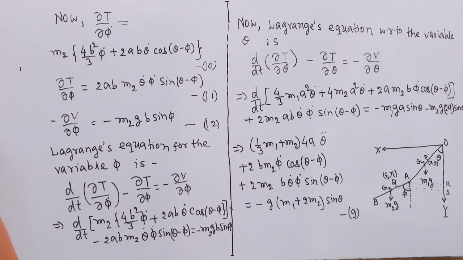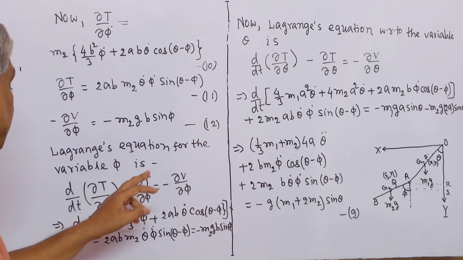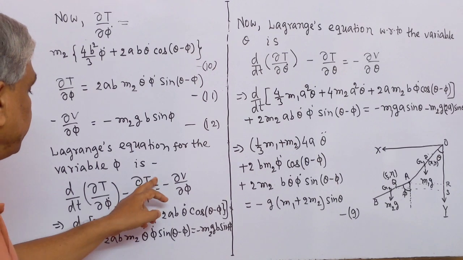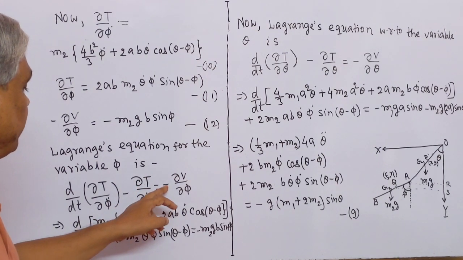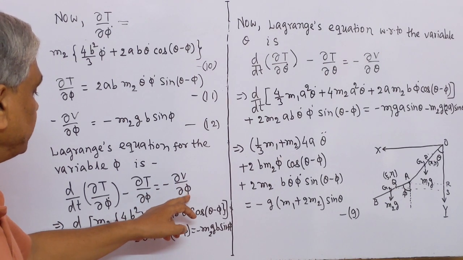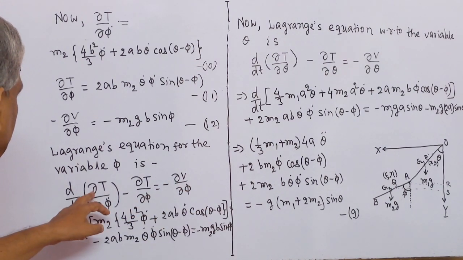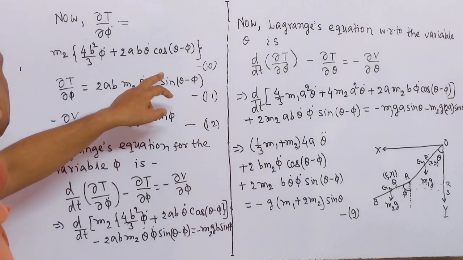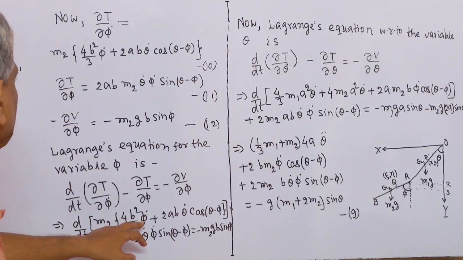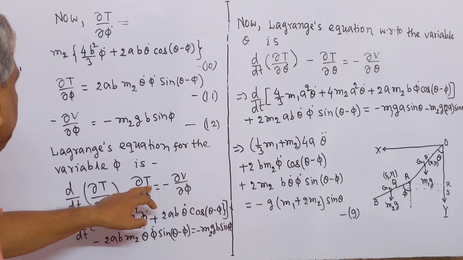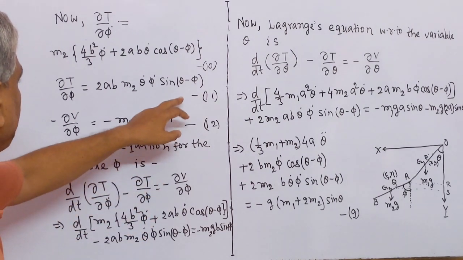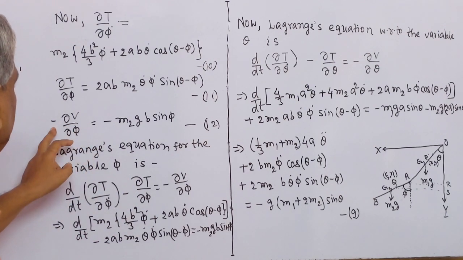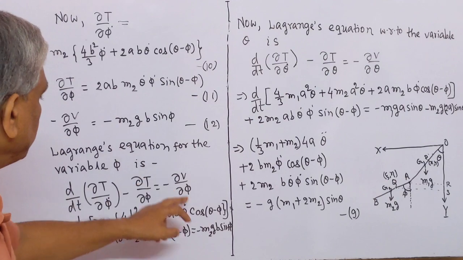Therefore Lagrange's equation for the variable phi is d by dt of the partial derivative of T with respect to phi dot, minus the partial derivative of T with respect to phi, equal to minus the partial derivative of V with respect to phi. We put the value of the partial derivative of T with respect to phi dot from 10, the partial derivative of T with respect to phi from 11, and the negative partial derivative of V with respect to phi from 12 on the right side.